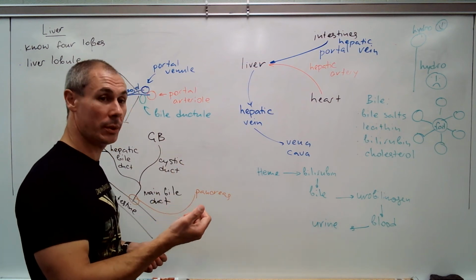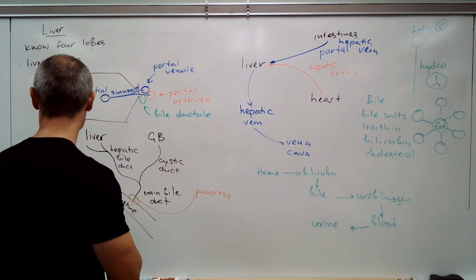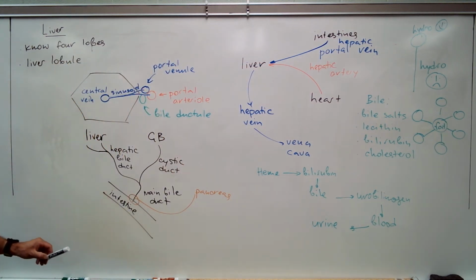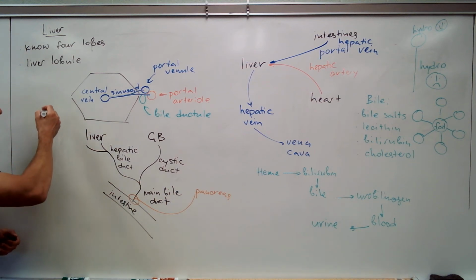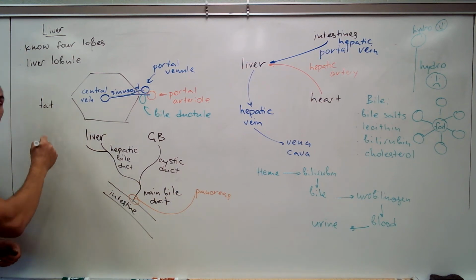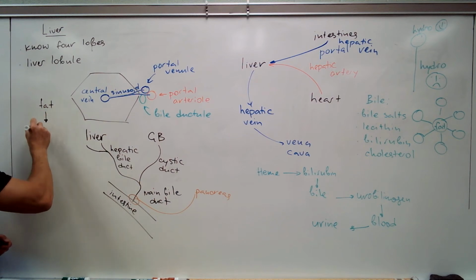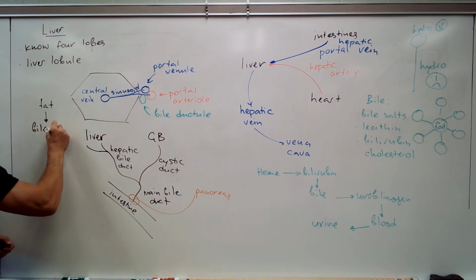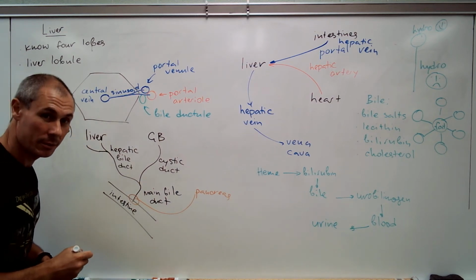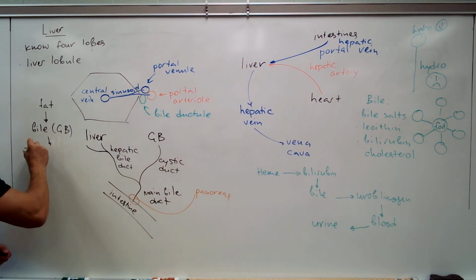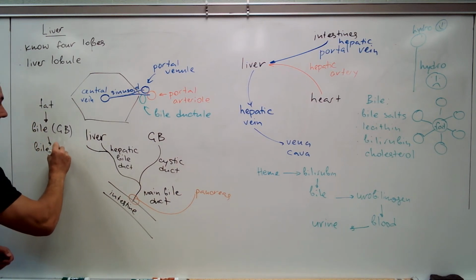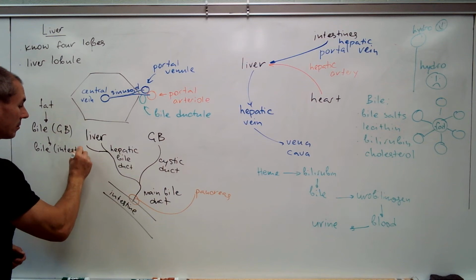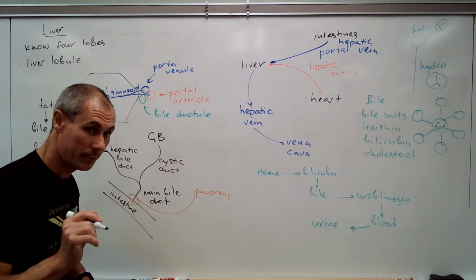It's actually very simple. I'm going to try and stick it over here. Okay, so look. Fat stimulates bile release from gallbladder, right? Bile ends up in the intestines. So far we good?